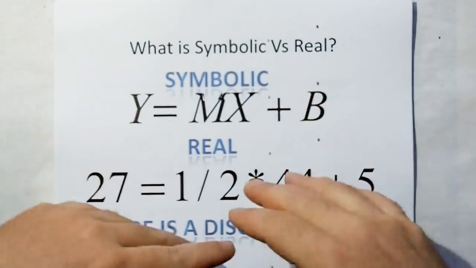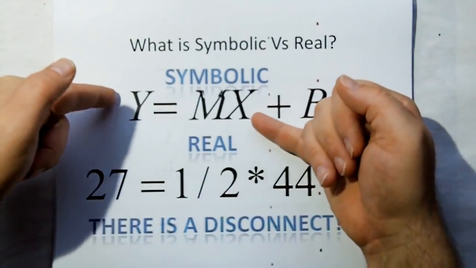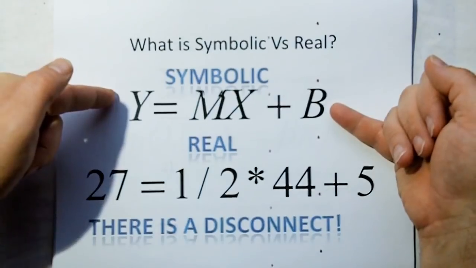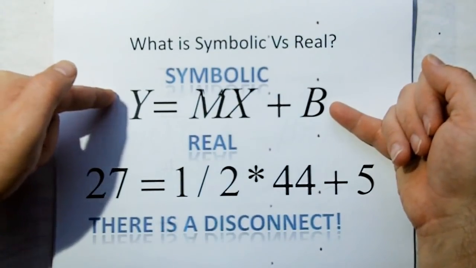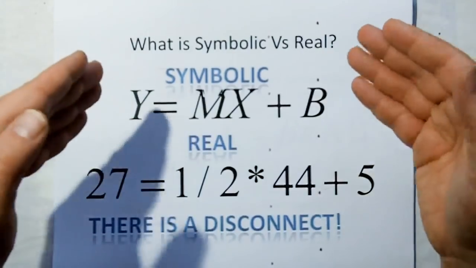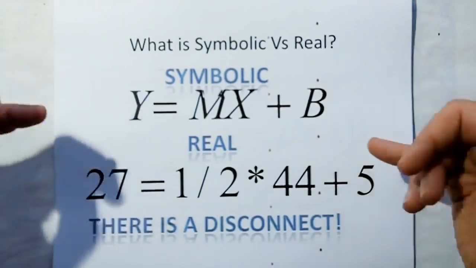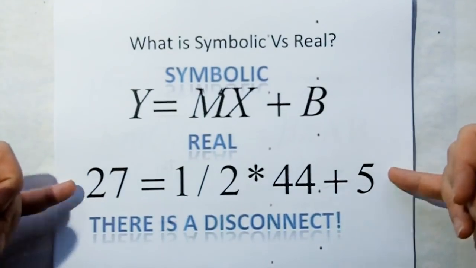So what's symbolic versus real? Well, symbolic would be like me putting down this mathematical equation that doesn't really have to have real numbers. The beauty of a symbolic is you can manipulate entire sets of numbers and entire ranges of numbers with just a few symbols, whereas when you put real numbers in, you're limiting yourself to one possible solution.